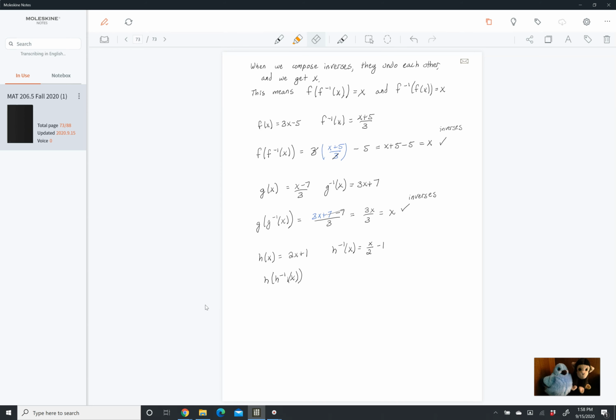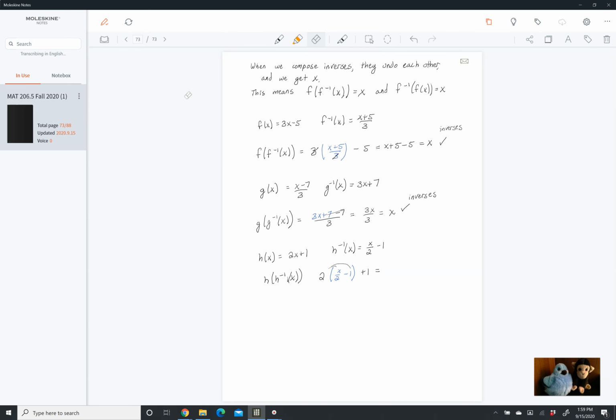Okay. So we have a 2. Then this gets replaced with x over 2 minus 1. And then we have a plus 1. So this 2 has to get distributed.